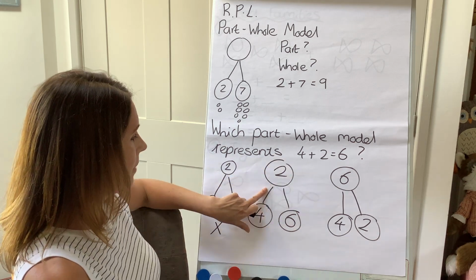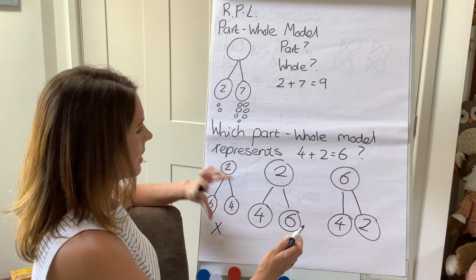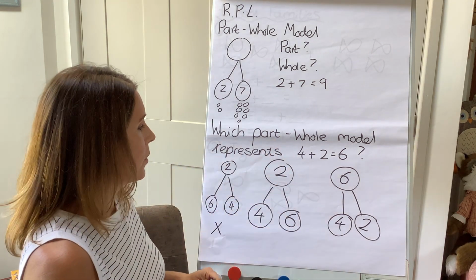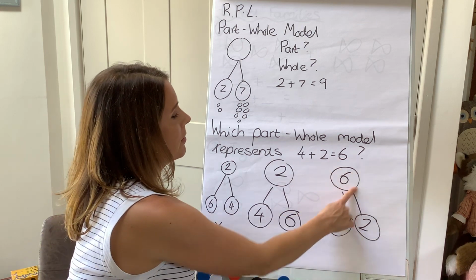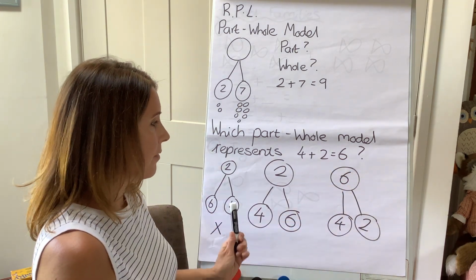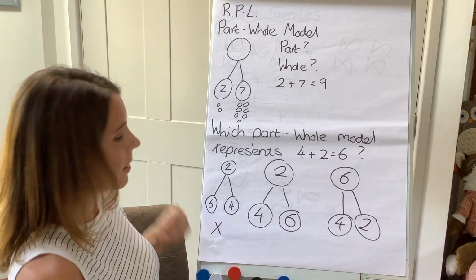The whole here is 2 again. We've got 4 and 6 as the parts that add together to make 2, so that one doesn't work. Here we've got the whole is 6, 4 and 2 are the parts, so 4 and 2 combine together to make 6.